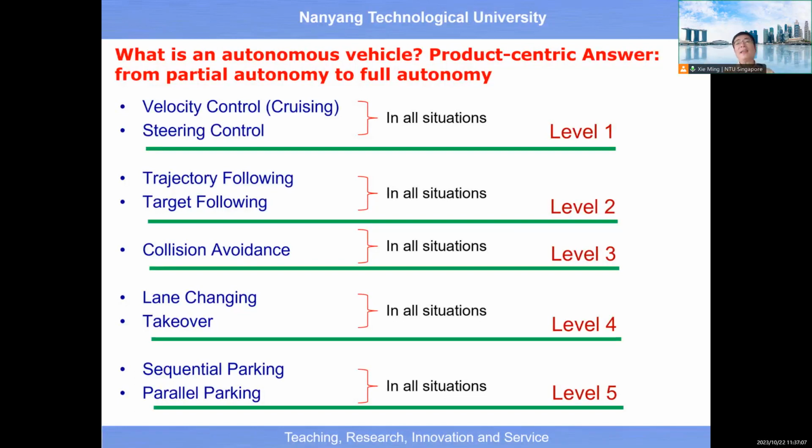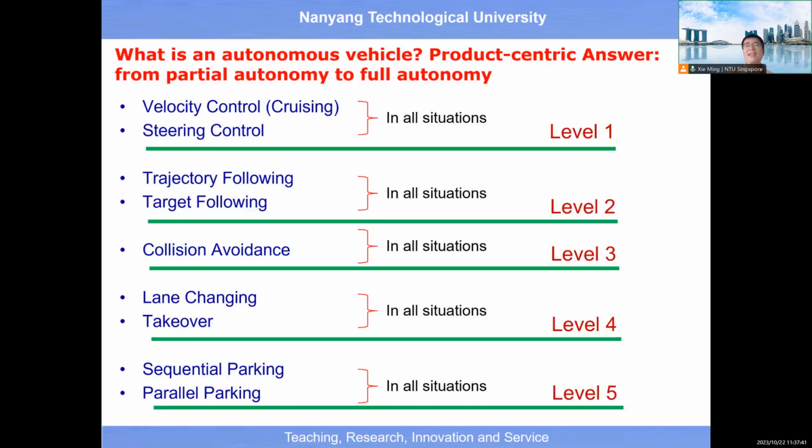Then we can continue to add additional behavior to the vehicle. For example, if the vehicle could undertake 100% lane changing and slow moving vehicle takeover in all situations, then such a vehicle could be considered as reaching level 4 autonomy.